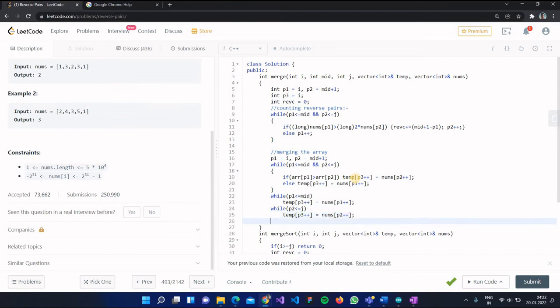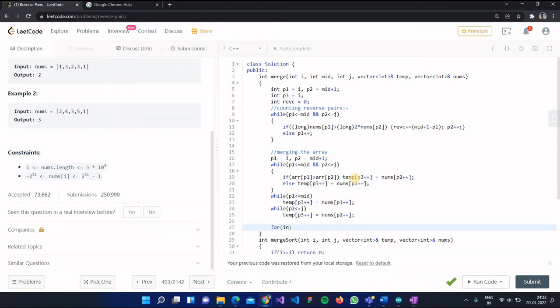Now what we have to do is copy. Now we have stored the sorted values in temp. Now we have to copy all those sorted values into the final array, right, to make it finally sorted. So what we do is we go from i to j, i and j being the first and last index of the whole section that we had passed on to this function, right?